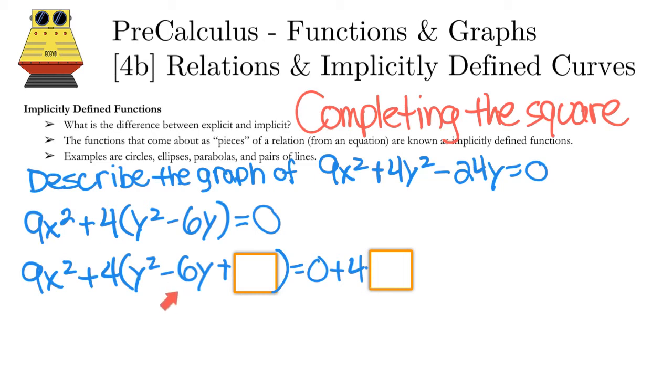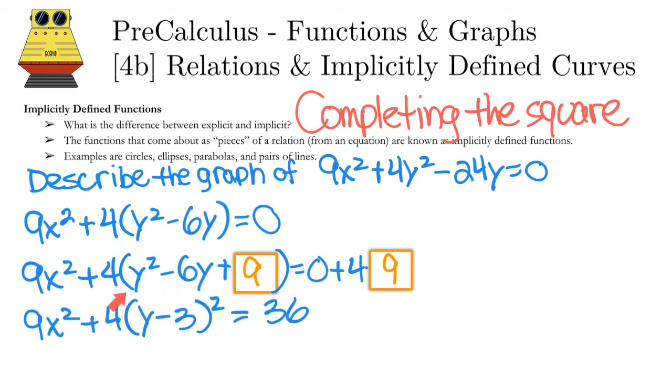We take that negative 6, divide it by 2, and square that number to get 9. 9 completes the perfect square. Then, because that 9 would eventually multiply by the 4 to get 36, that's what I add to the right side of the equation. The next step is to factor that perfect square. So we get 9x squared plus 4 quantity y minus 3 squared equals 36.